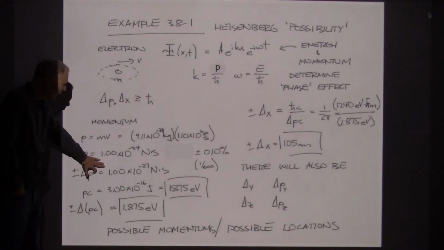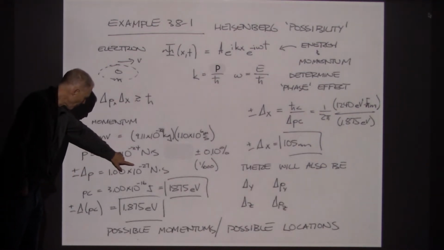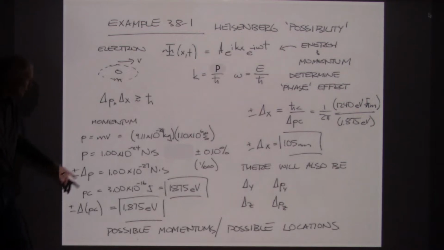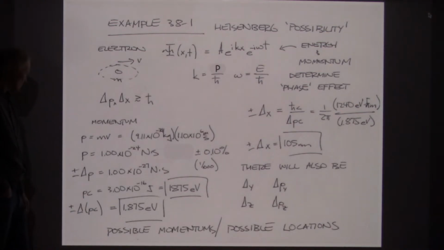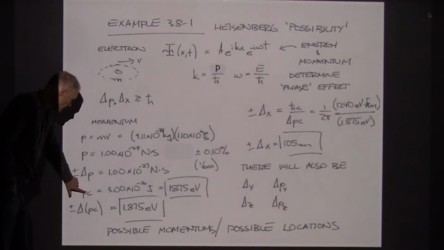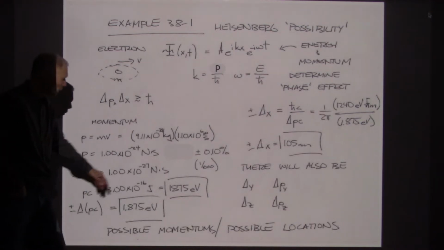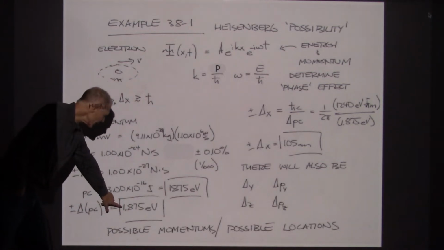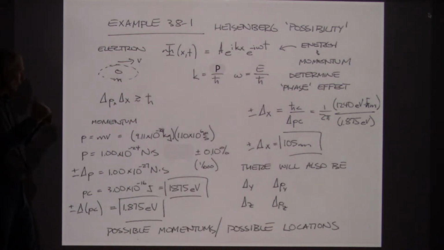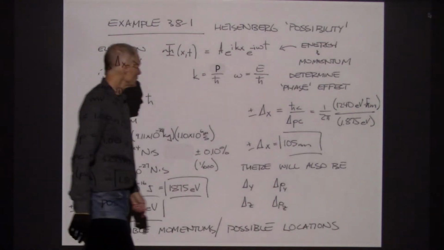It could be higher or lower by this amount. Now I took the newton seconds and multiplied by c, and that says the momentum of this particle works out to be 1875 eV, and the range would be plus or minus 1.875. So that's a range of possible values.